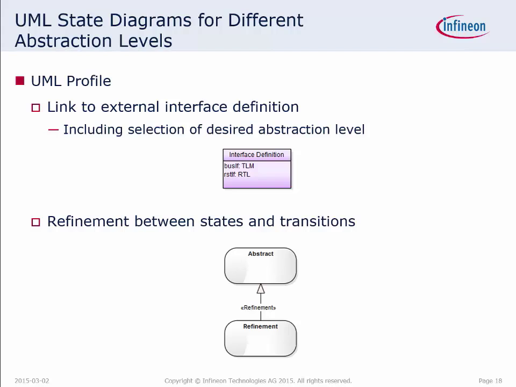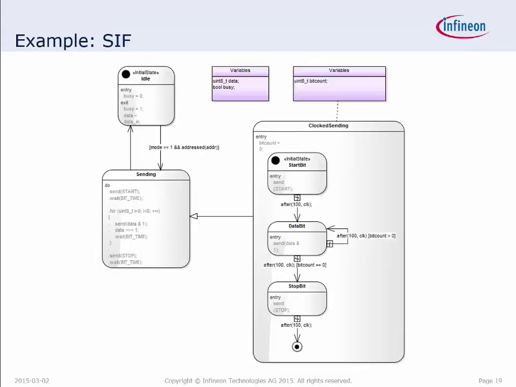You want to have a mechanism to reuse, to have a refinement from TLM to RTL and the other way around. How to cover this? This is covered by having an abstract definition, and the refined one will inherit from the abstract one. So we will see a small example of how it works.